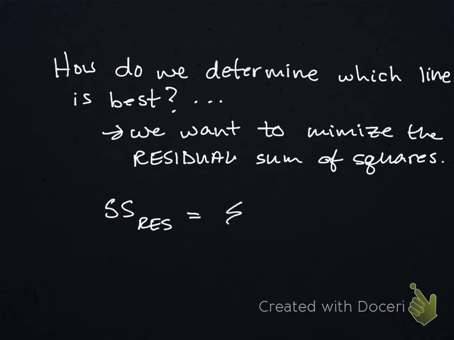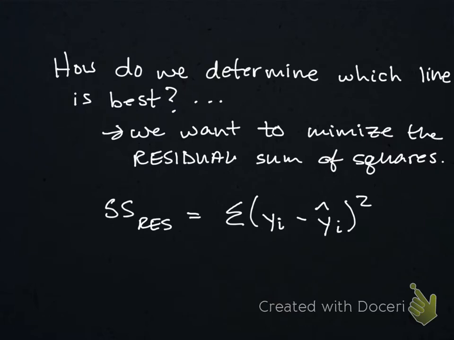We take the sum of each person's actual score on Y minus the score that our model predicts for them on Y, so Y hat, and we square that deviation, and then we sum across everyone in our sample.